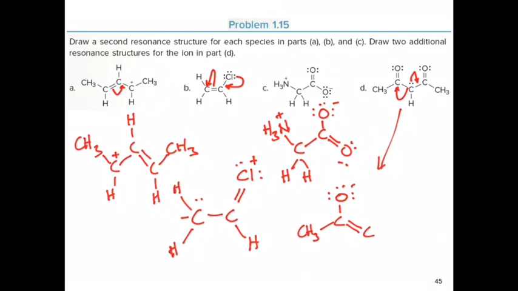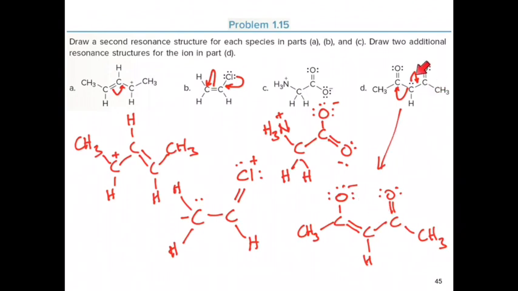And then that oxygen will gain a negative charge. And then hydrogen here. That's supposed to be a carbon. And then double bonded oxygen and CH3. There you go.